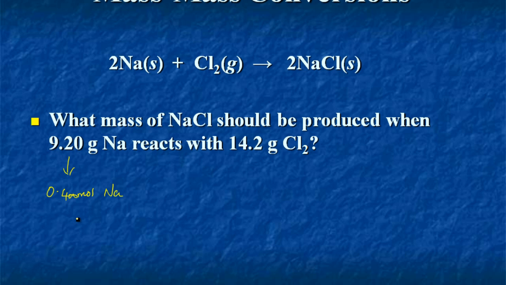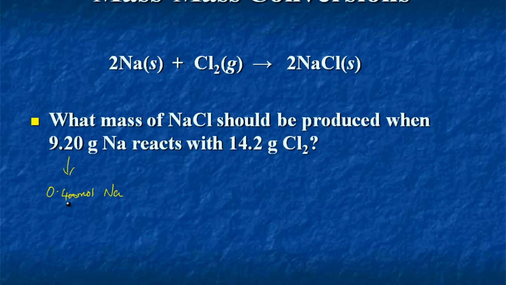How do we calculate that? We are given this. We are looking for how many moles of this will be produced. So which mole ratio will you consider? The mole ratio between sodium and sodium chloride. What is it? It's 1 to 1. Or in other words, 2 moles of sodium will produce 2 moles of sodium chloride.